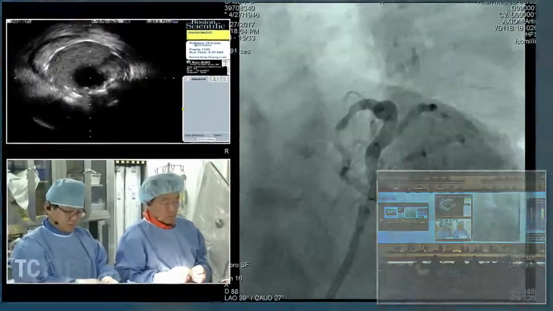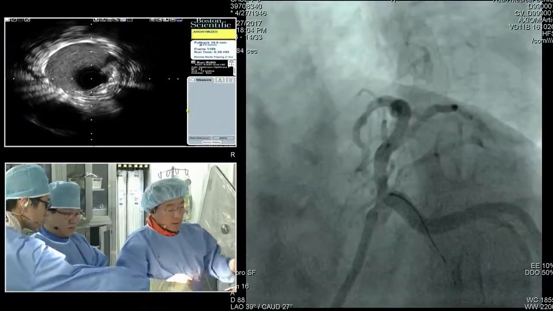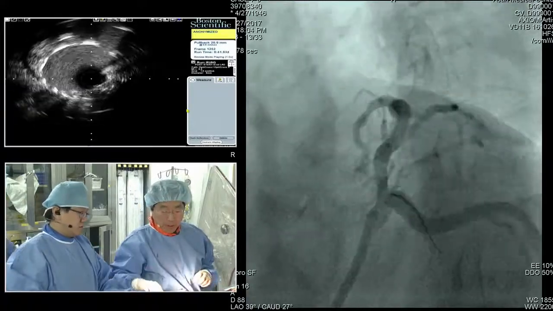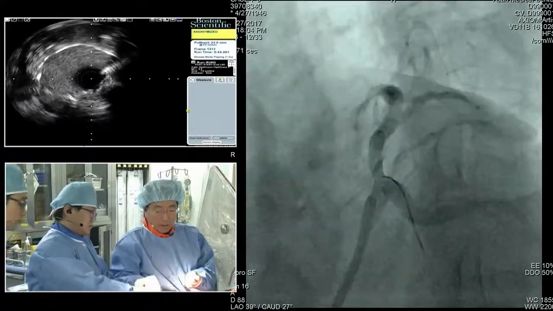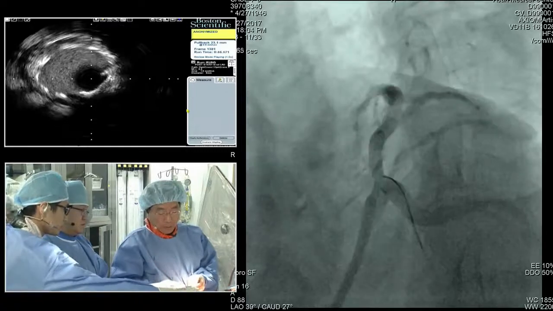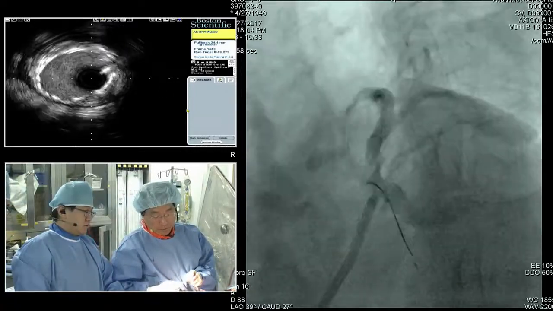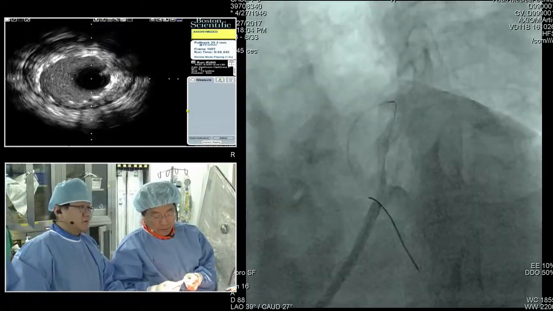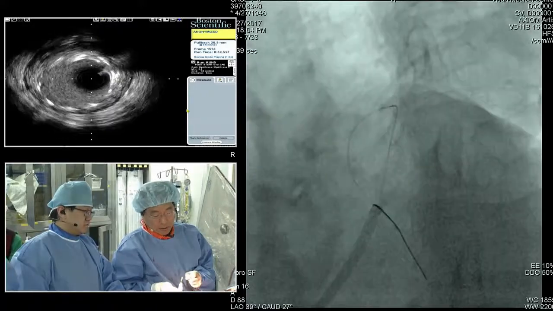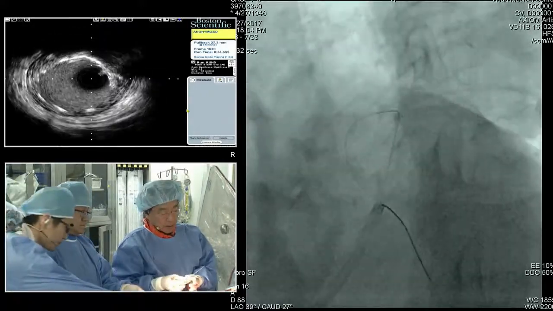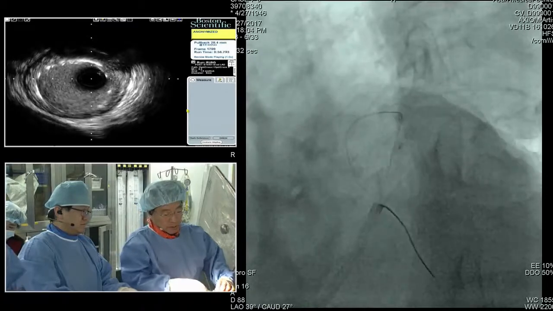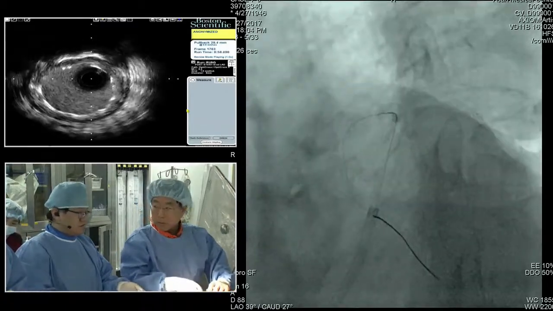Proximal, find out the proximal part of the ostium. I hope so. However, I don't know. So we're going to try that. Usually, my personal preference is the hydrophilic Choice PT wire.